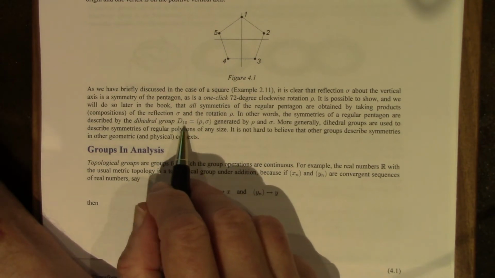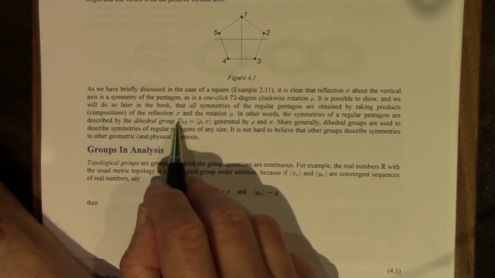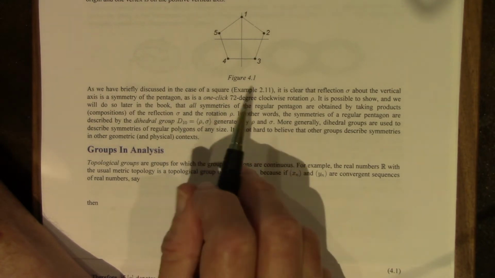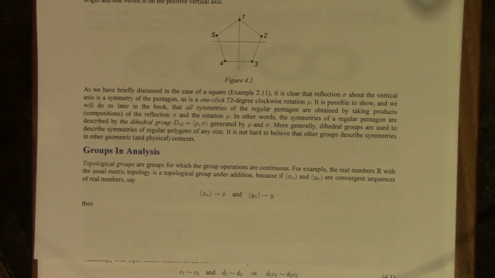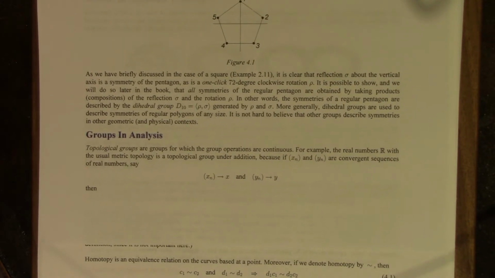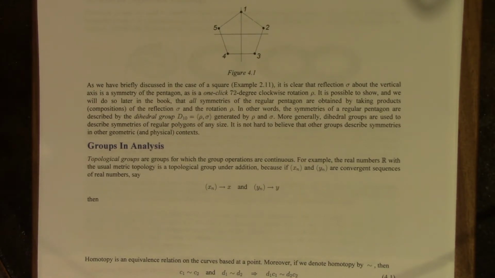And the notation here, D10, reflects the fact that this group has order 10. As I mentioned for the dihedral group of the square, some authors will write this as D5 because the pentagon has 5 vertices. In any case, dihedral groups are used to describe symmetries of regular polygons of any size.